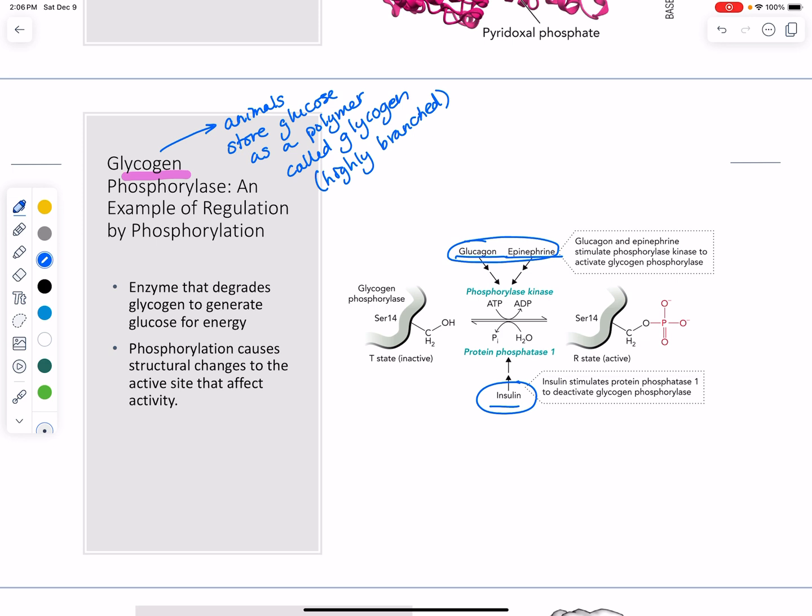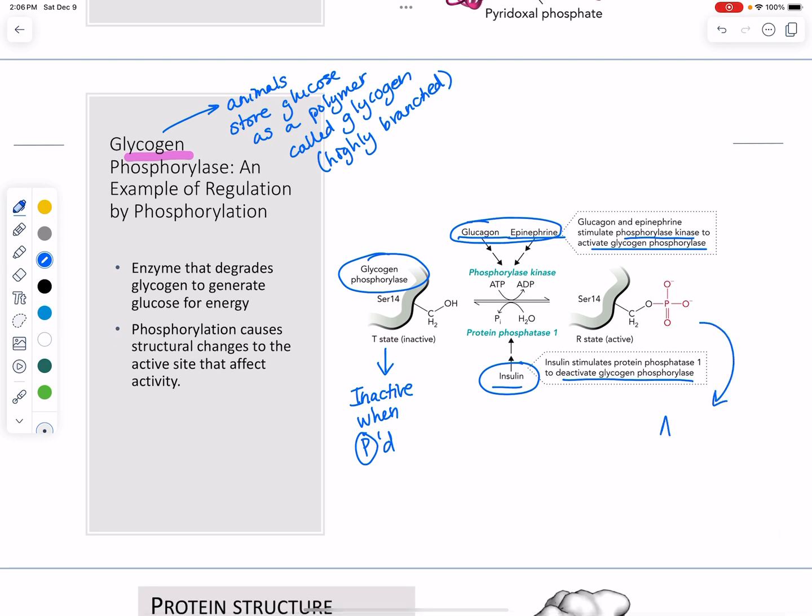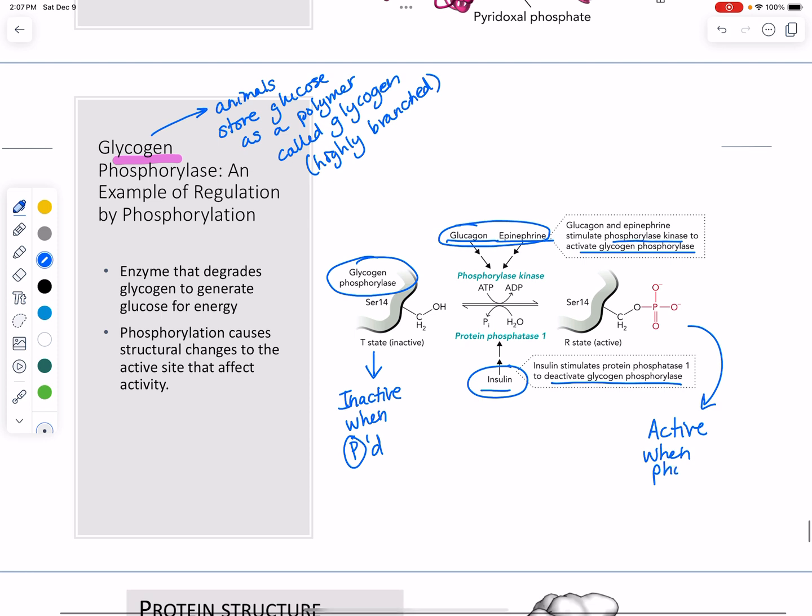They're going to stimulate something called phosphorylase kinase to activate glycogen phosphorylase. So the insulin is going to deactivate glycogen phosphorylase. Sorry, it's active when it's phosphorylated.